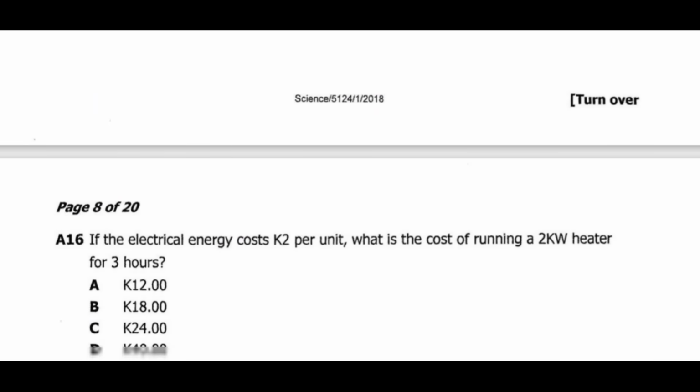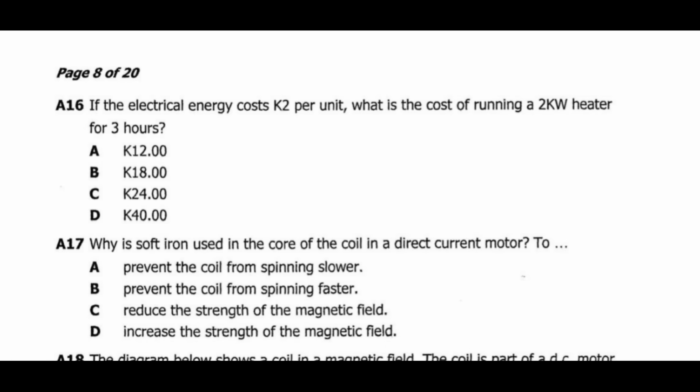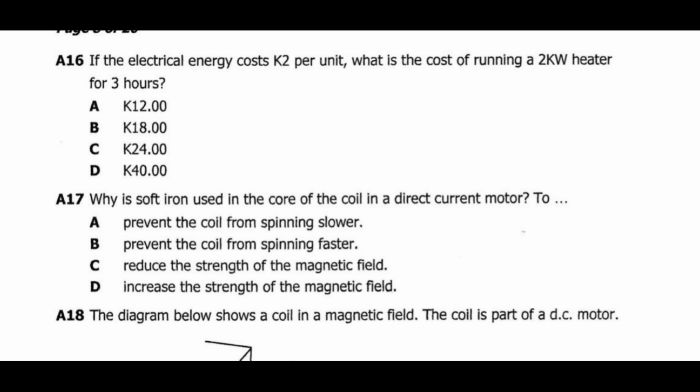So we move on to question 16. If the electrical energy costs 2 kwacha per unit, what is the cost of running a 2 kilowatts heater for 3 hours? So we'll say cost is equal to power in kilowatts times time in hours multiplied by cost per unit.